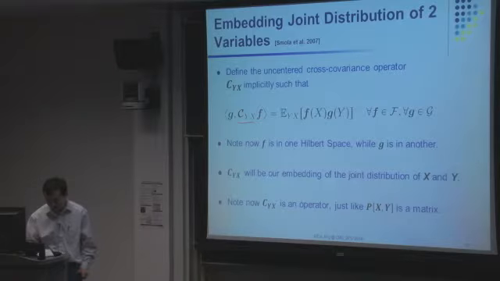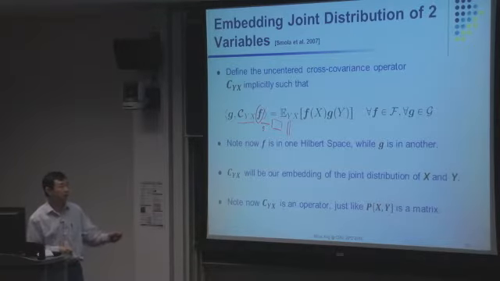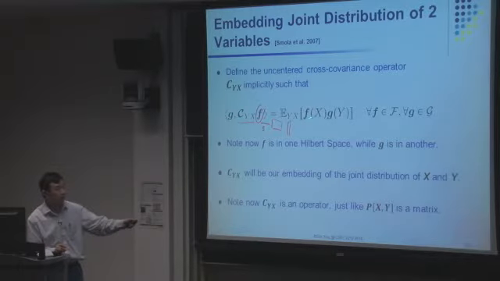If your f is a function, you can have a function transformed with the C matrix, and then you can multiply them with the g, and that gets you a number. That number basically corresponds to the covariance between these two projections.